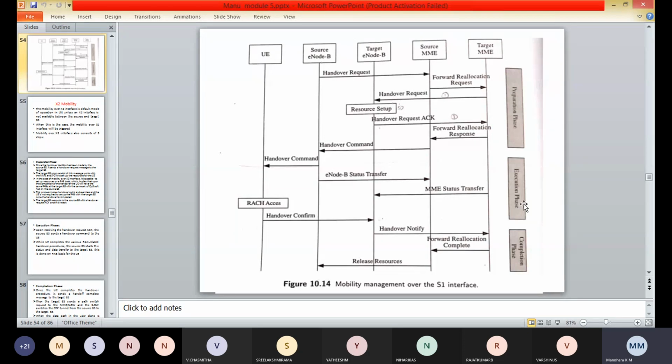So while the user equipment performs the handover, the source E node B will initiate the status transfer where the PDCP context of the user equipment is transmitted to the target E node B.